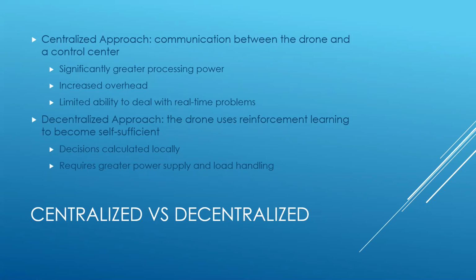Due to these issues, the accepted model functions locally to the vehicle, using reinforcement learning to allow it to have sufficient intelligence to function without the need for a central computer. The decentralized approach requires the UAV to have a powerful enough onboard computer to perform all calculations and have the ability to handle the additional load associated with the vision and calculation hardware.